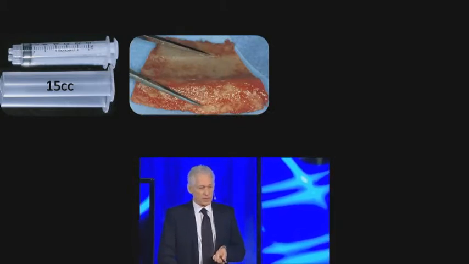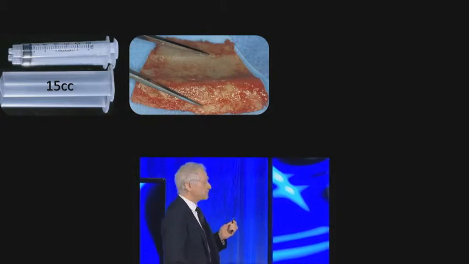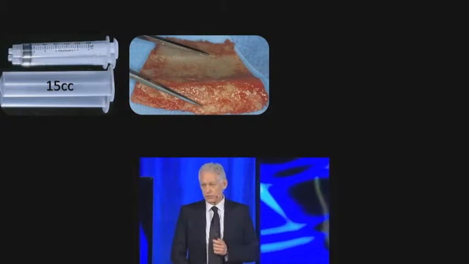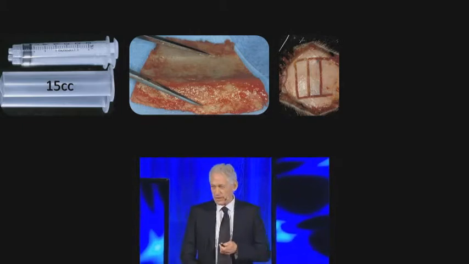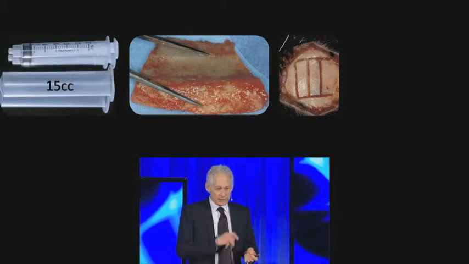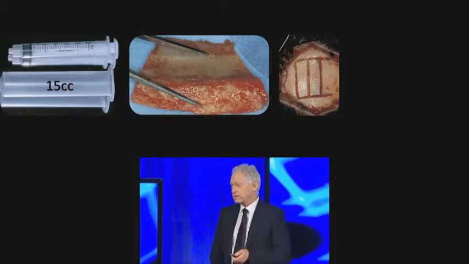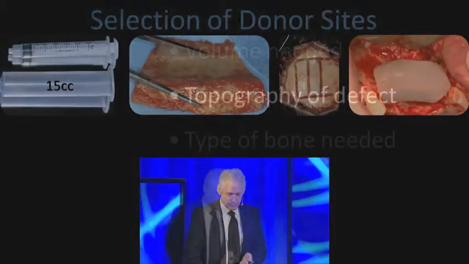That is not enough if you need total ridge reconstruction. It will take about 15 cc of bone, and here we're going for corticocancellous graft. If you need just a veneer graft, you can take it from the skull, but remember that all our patients undergo osteopenia and osteoporosis, and the thickness of the bone is diminished.